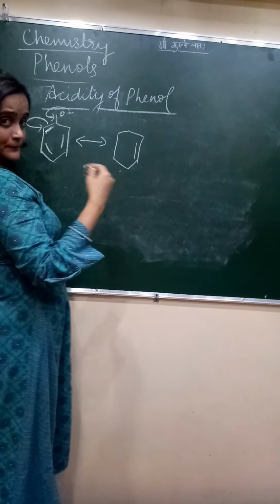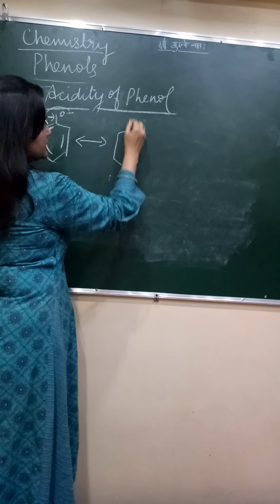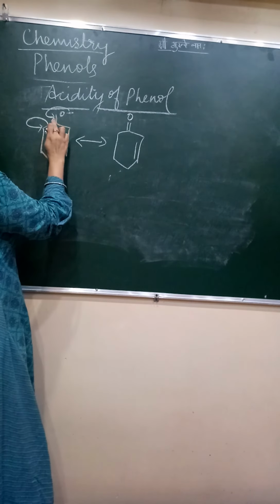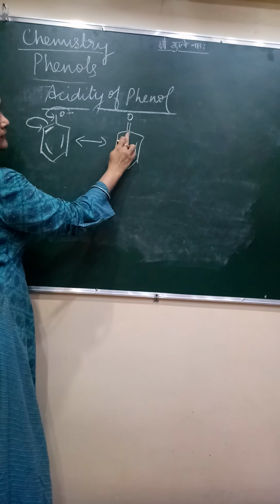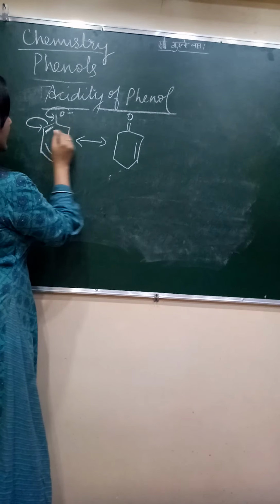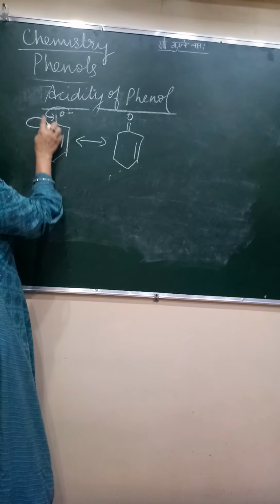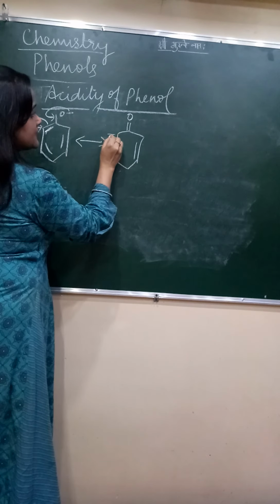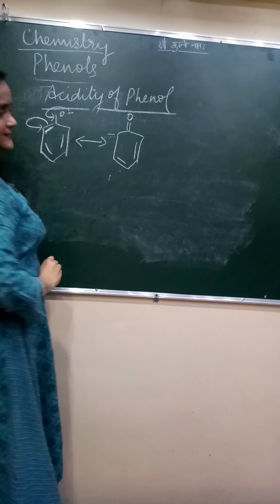This is how I am explaining the charge delocalization. Because the negative charge came here, a double bond to O forms, and this pair of electrons comes to this point like this.